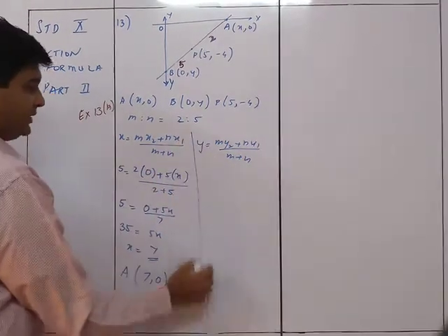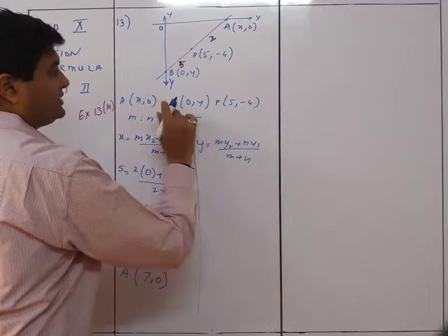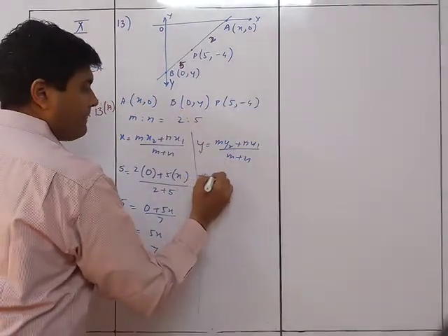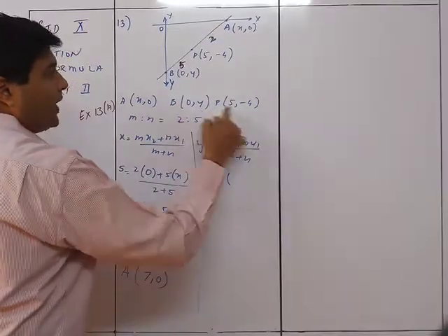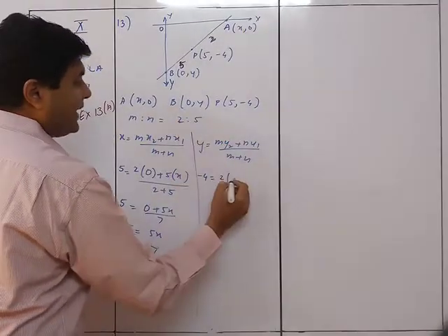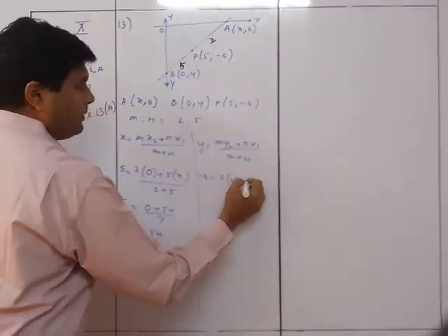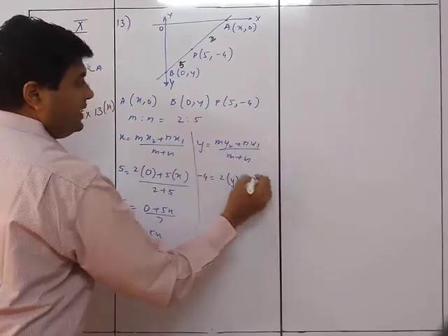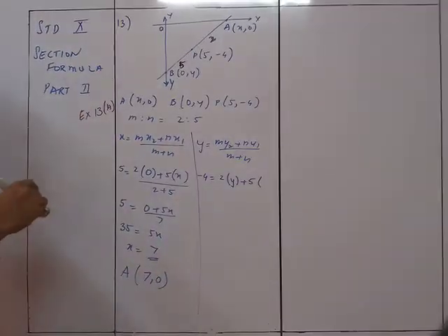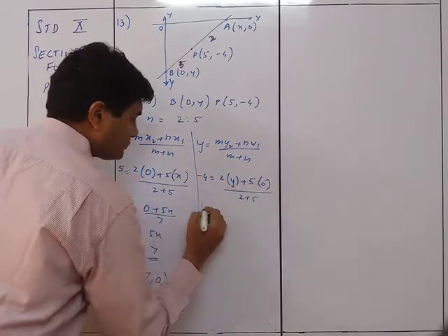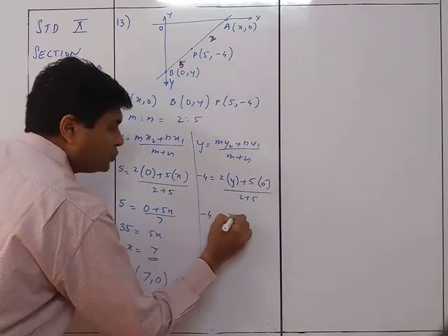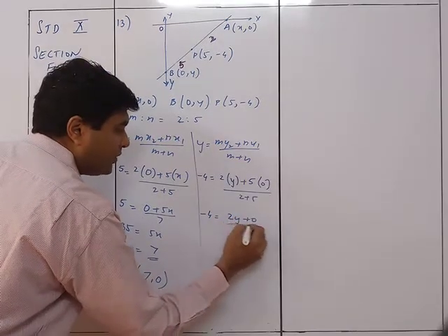We see the next part. The y value is -4 equals m is 2, y2 is y, plus 5 into y1 which is 0, upon 2 plus 5. So -4 equals (2y plus 0) upon 7.